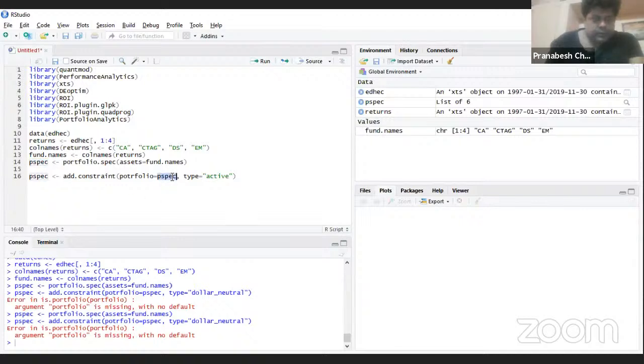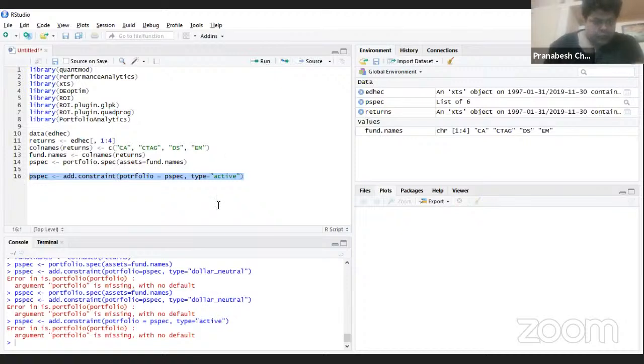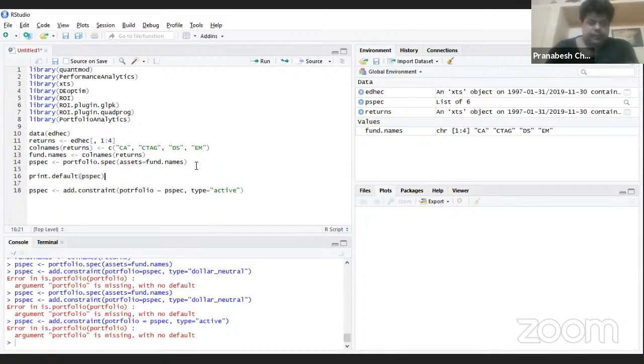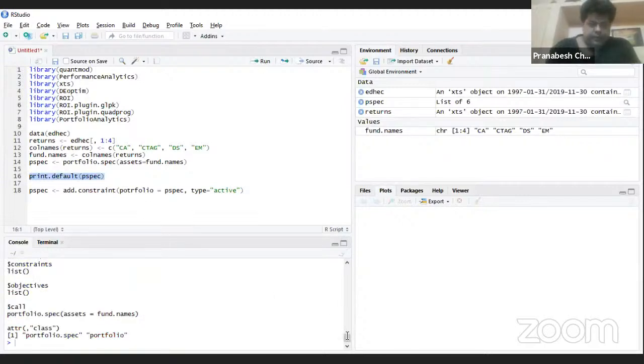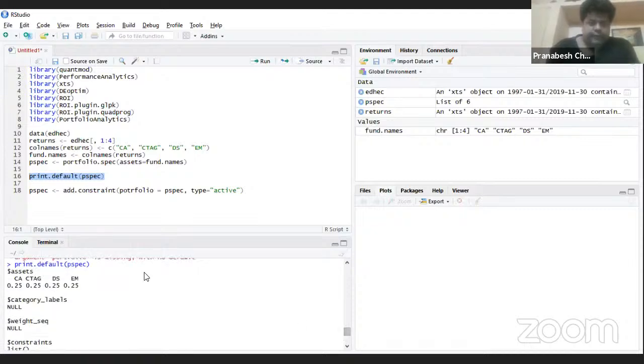There is no default, so we have to give these other constraints initially. Yeah, so 0.25 weights have been assigned.